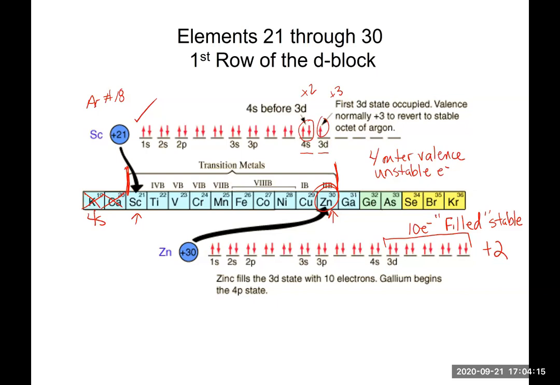Since 3d is completely filled like that, we're not taking any electrons. It's going to take a huge amount of energy to get an electron out of there. So zinc is always going to be +2 because it's always going to lose those 2 electrons from 4s and not want to give up any out of 3d, which is stable because it's filled.